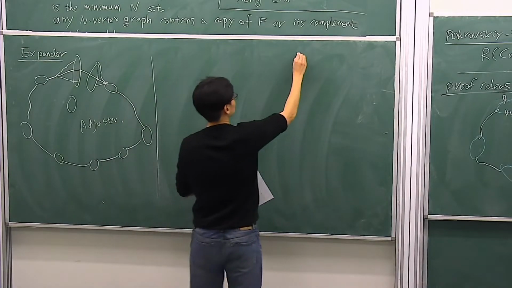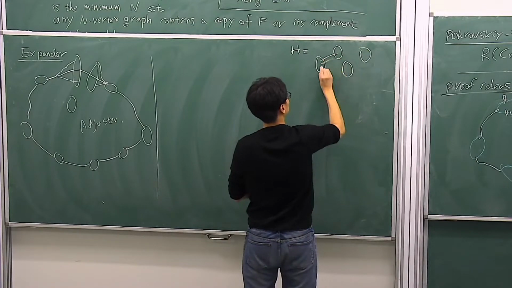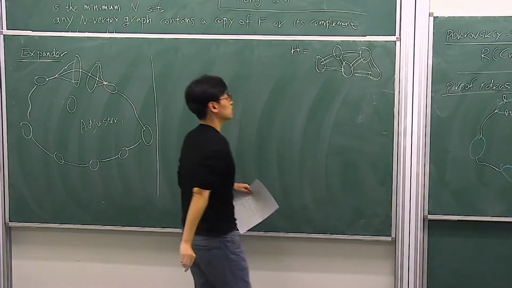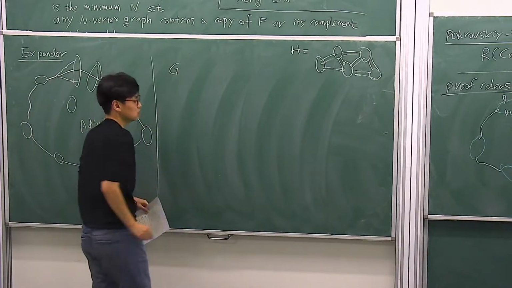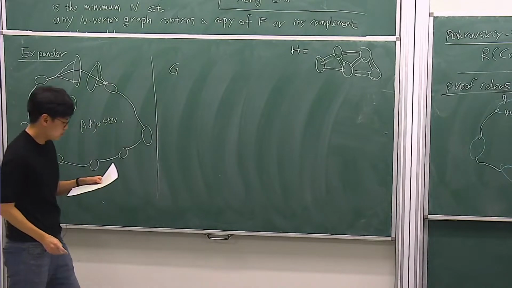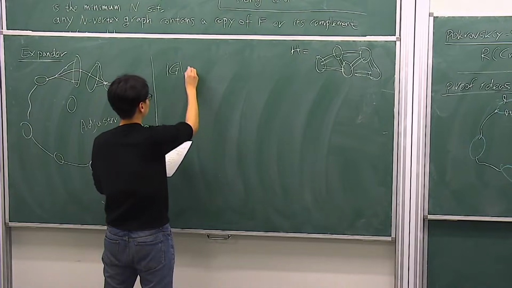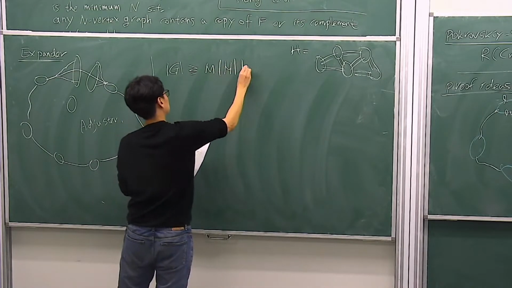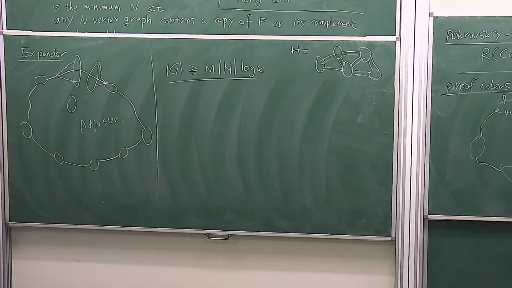So what I mean is that if you have H, which looks this way, and G is our graph, which satisfies a certain inequality.